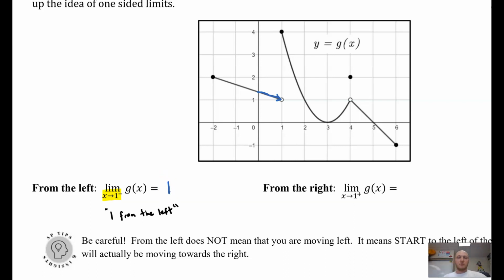Second example, from the right: the limit of g of x as x approaches 1 from the right. Just translating that mathematical notation into plain English. From the right, it is going to 4. And that's the idea of one-sided limits.